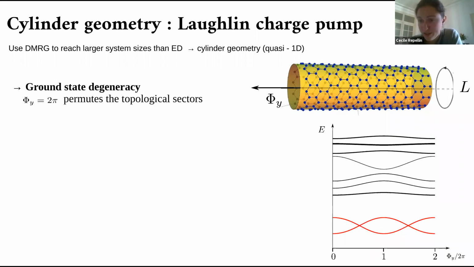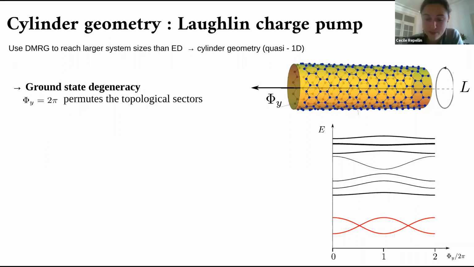Now, not going into the details of DMRG, but once you're in this geometry, how do you actually get the ground state degeneracy? Because generally, DMRG will give you the ground state, but it's not going to give you a whole spectrum. You can actually still get the ground state degeneracy.